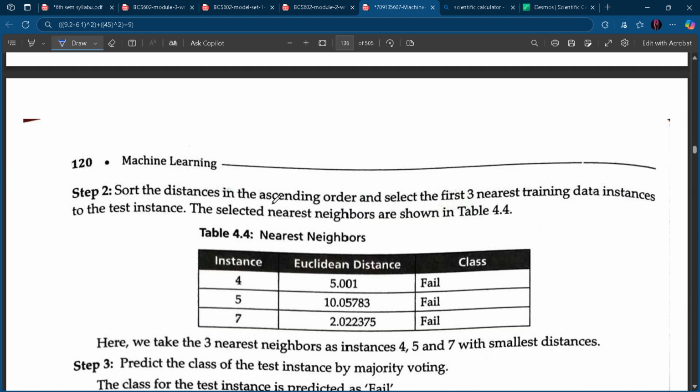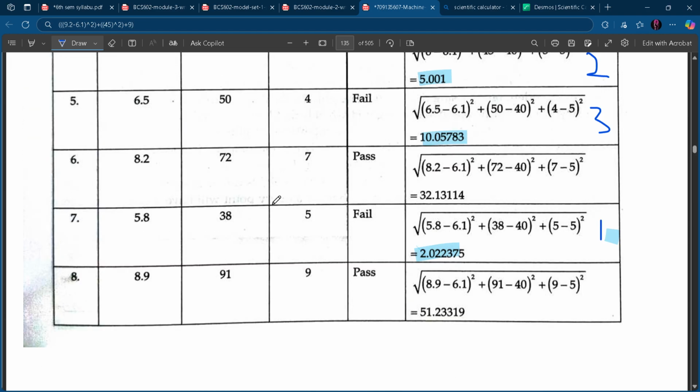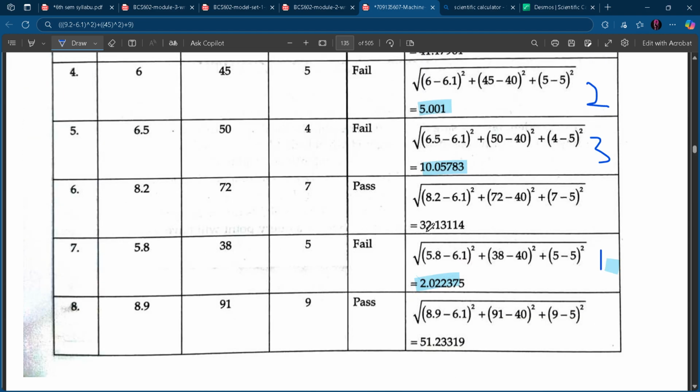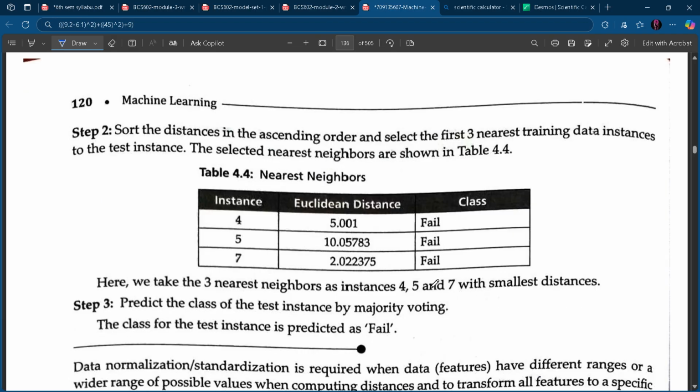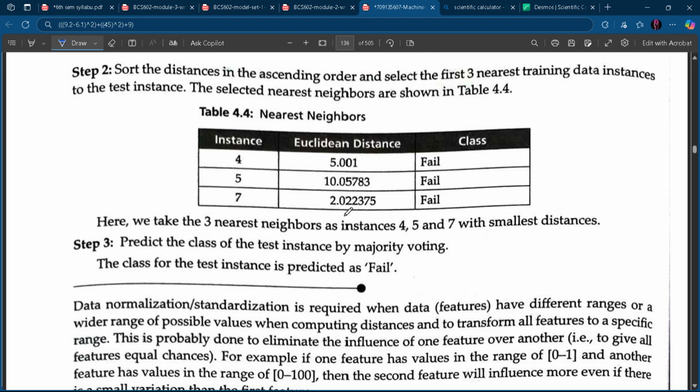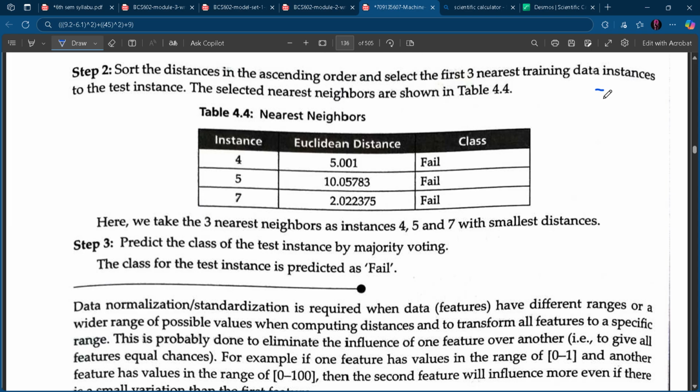If I arrange them 4, 5, 7, these are the three shortest values. You have to sort in ascending order, meaning the shortest value on top and the highest value at the bottom, and select the least three values in the table.